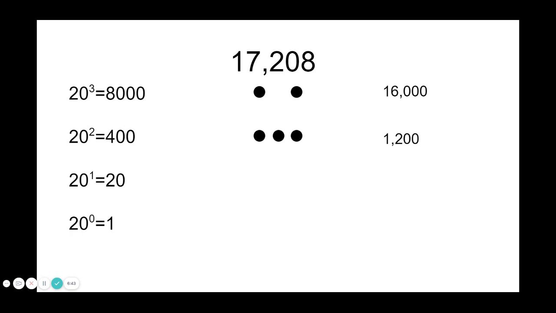And we only need 8 more. So we're not going to have anything in the 20s spot, but we've got to fill that place value. We're going to fill that with our shell, the 0. Just like we do with the number 208, we put a 0 in there to fill that place value, indicating there are no 10s in that spot.